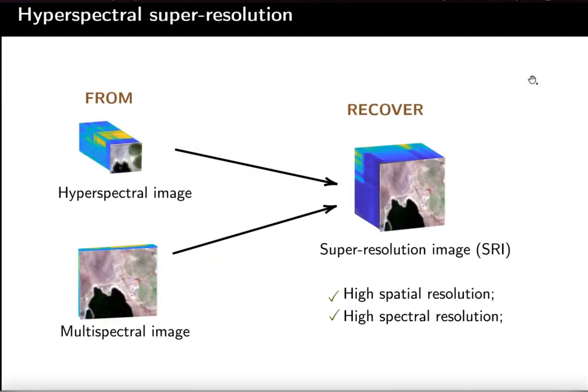To overcome the limitation of each measurement device, the hyperspectral super-resolution problem was proposed. It consists in recovering a super-resolution image, or SRI, from a hyperspectral and a multispectral image of the same scene. The super-resolution image that we wish to recover has both high spatial and high spectral resolutions.